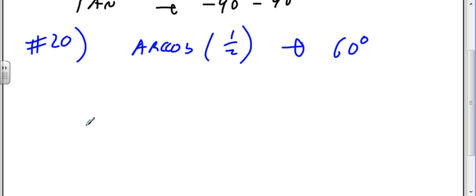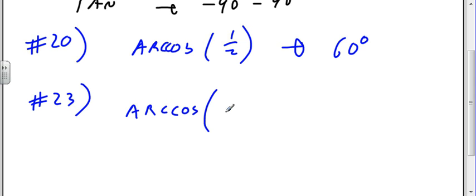All right, number 23. And we could put it in our calculator and have it come up 60 degrees, except that someone would have their calculator in radians and it'd come up with some wrong answer and they'd put the wrong thing down. Anyway, just another arc cosine problem. Arc cosine of minus square root of 3 over 2.